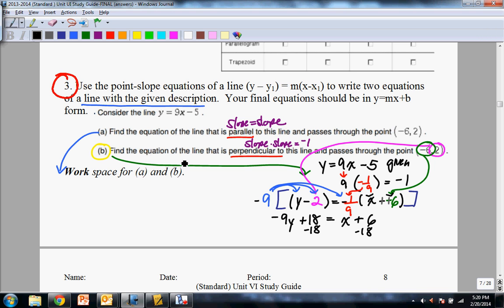I'm going to bring my work over here. So we have negative 9y equals x, and we have 6 minus 18. So that's going to be negative 12. And now we divide by negative 9.